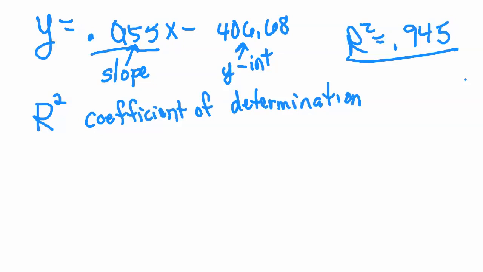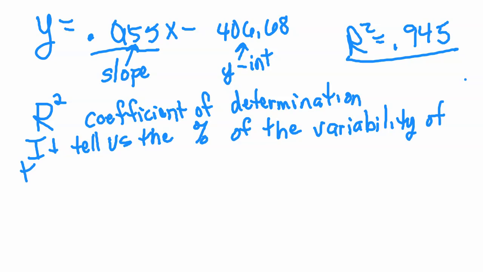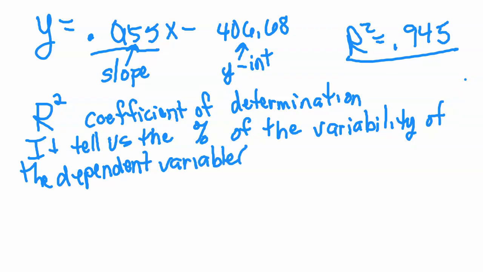Okay, what it does, it tells us a percent of the variability of the dependent variable, which is x, that can be explained.